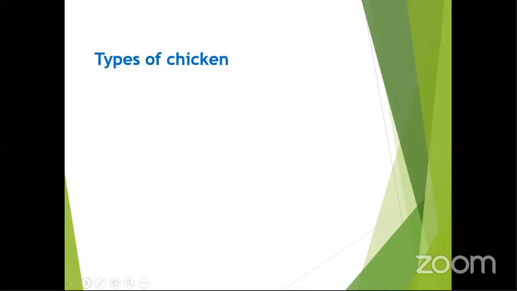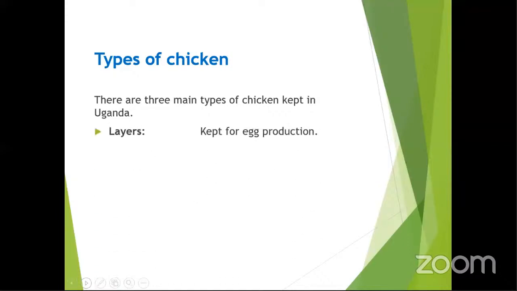But today we are looking at types of chicken. They are kept for a specific purpose, either meat or eggs or both. As simple as that. So let's move on. We say there are three main types of chicken kept in our country, Uganda, and it can even be in another country still. So we have the layers, and these ones are specifically kept for egg production.